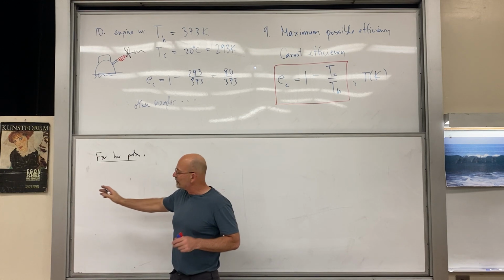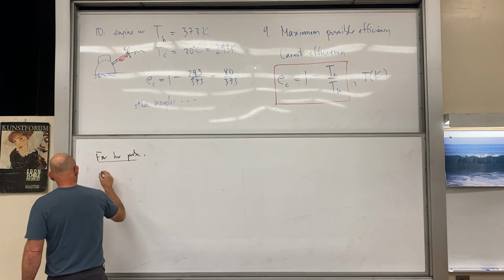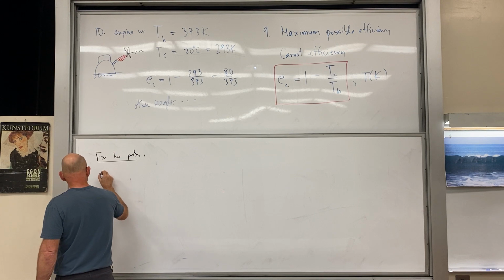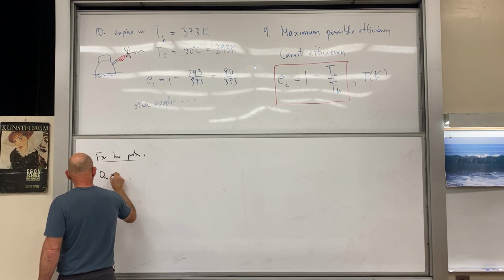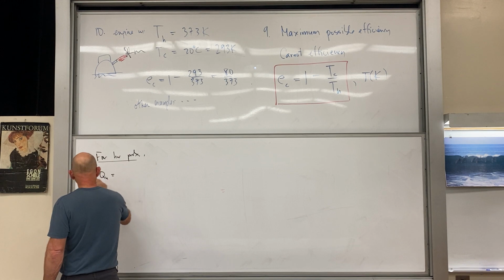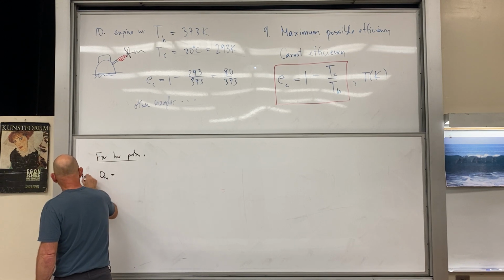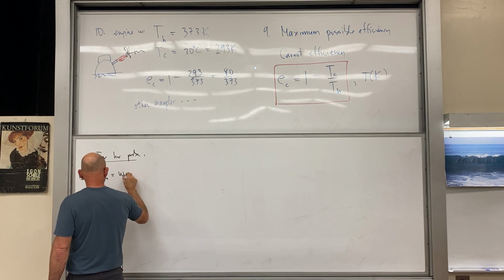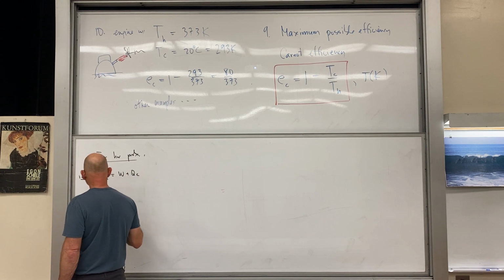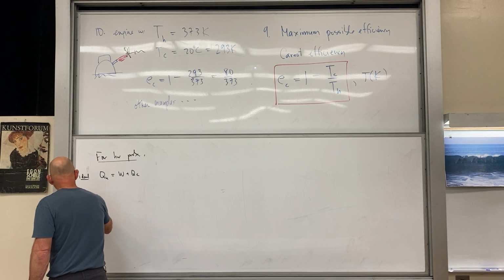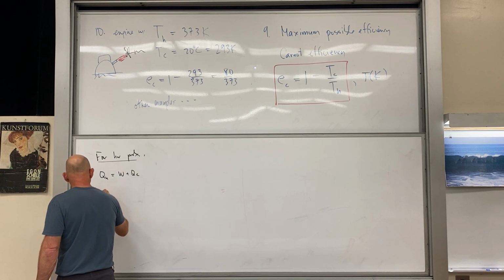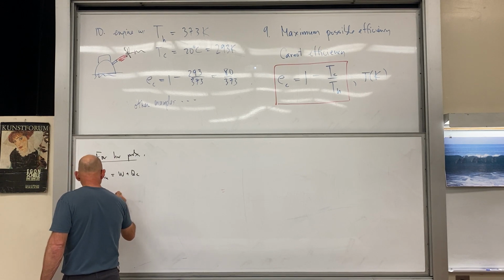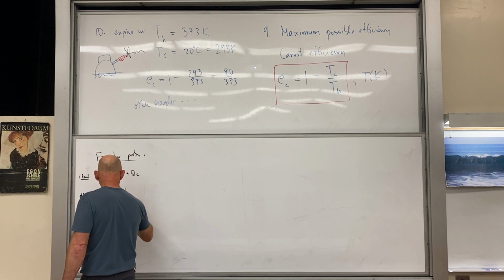I just erased that schematic, but what we're always looking at is QH, if it's ideal, equals W plus QC. Efficiency is always W over QH.